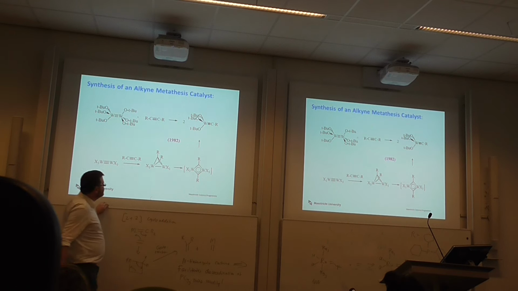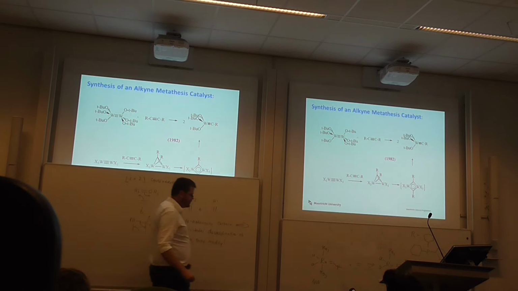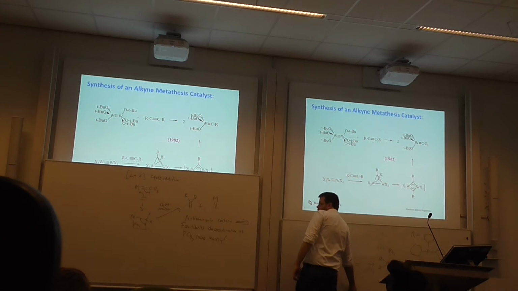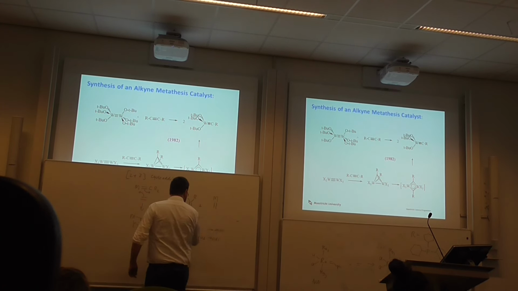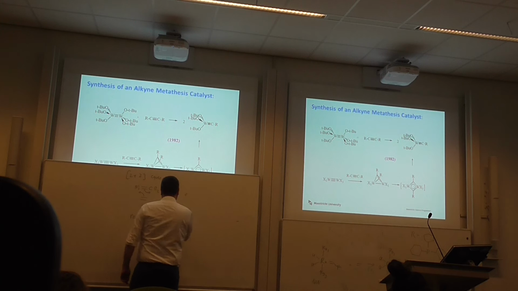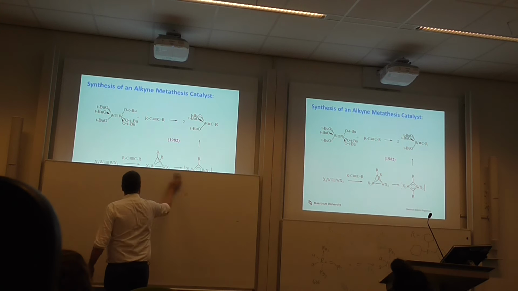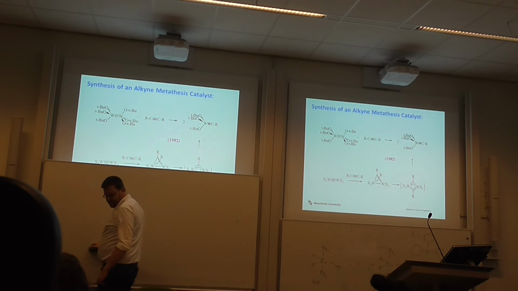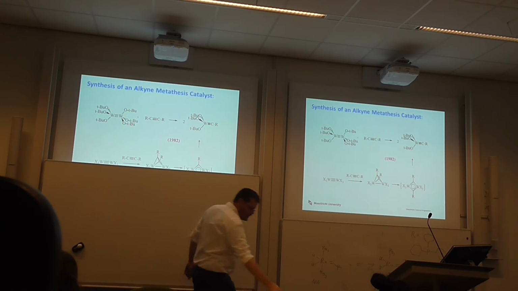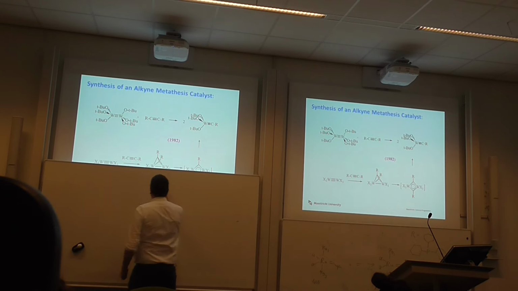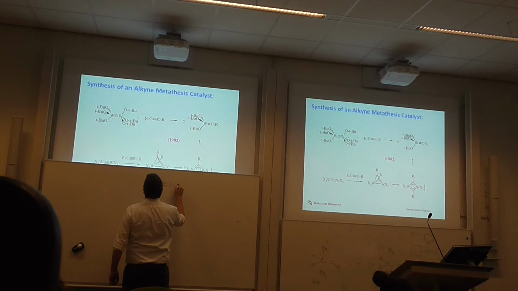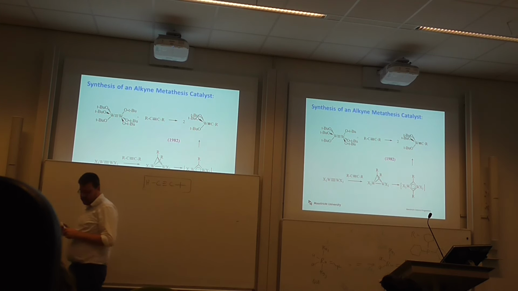So let's just define this. This was done by Schrock in the early 80s, and I think this is a very nice reaction. So the alkyne he used is this guy. It's an asymmetric alkyne.